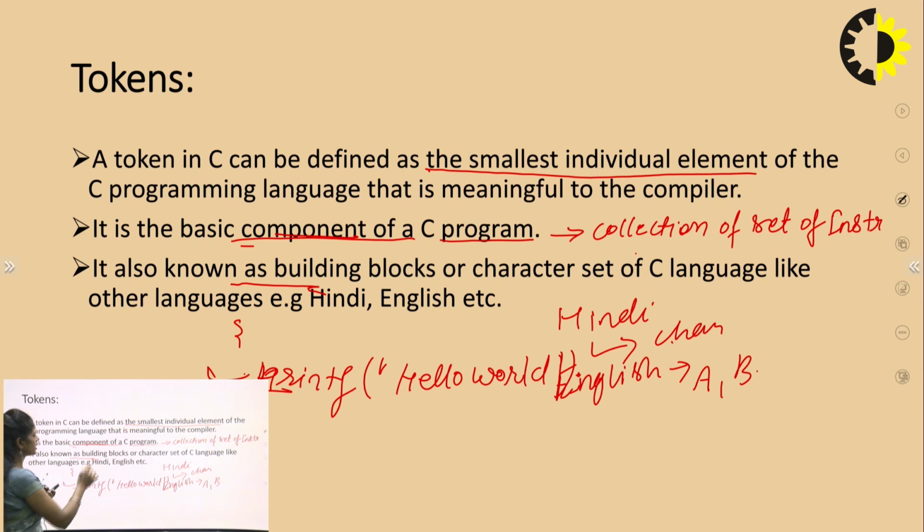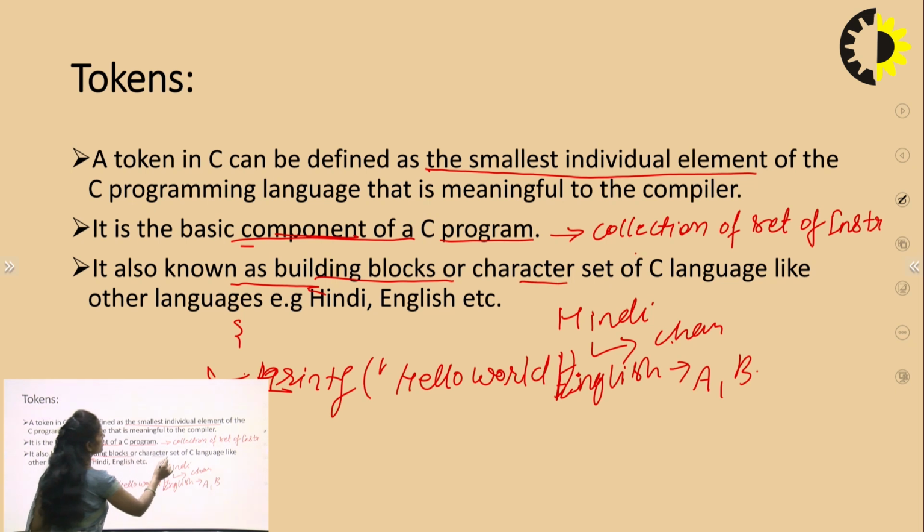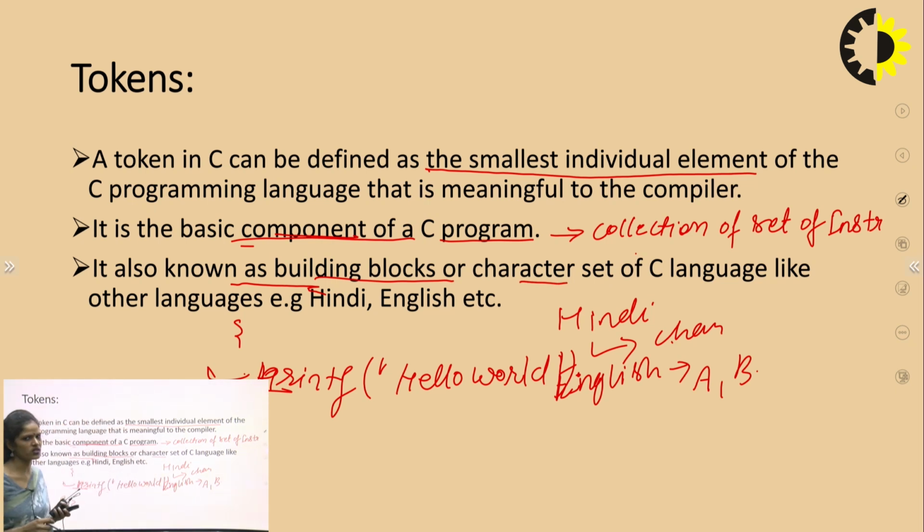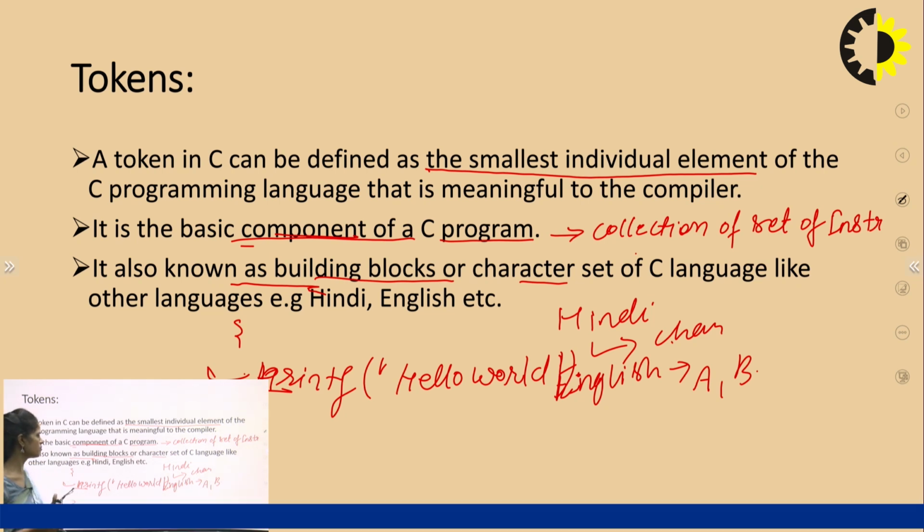When we implement the instruction, we use some characters, and these characters are known as C tokens. They are also known as the building blocks or character set of the C language, because C is a procedural language and it works on some particular libraries, already defined by the system programmer.